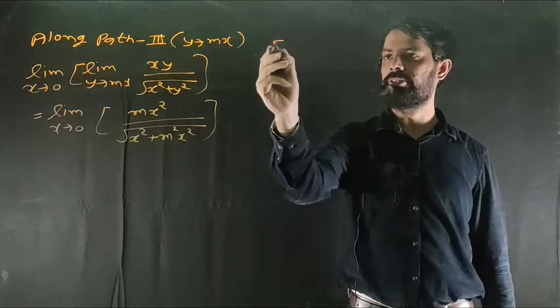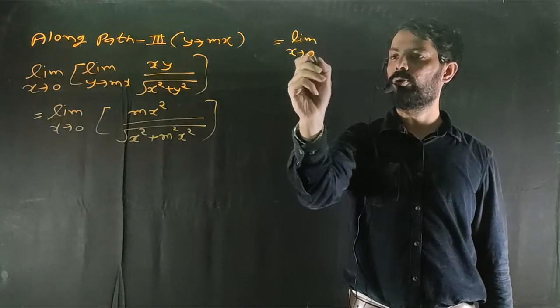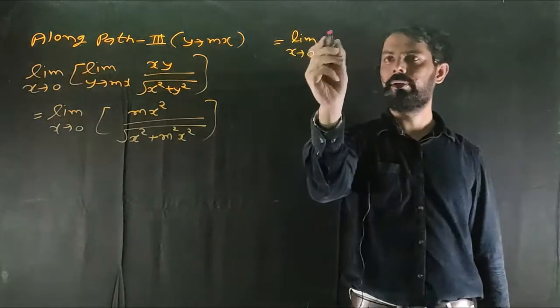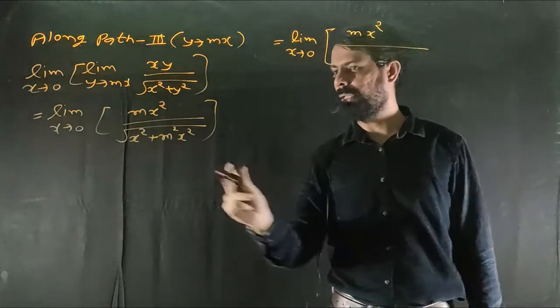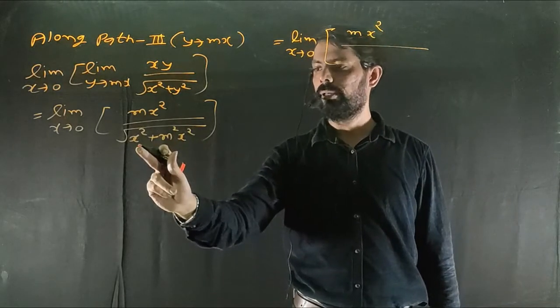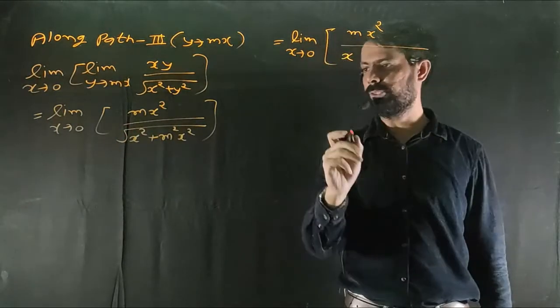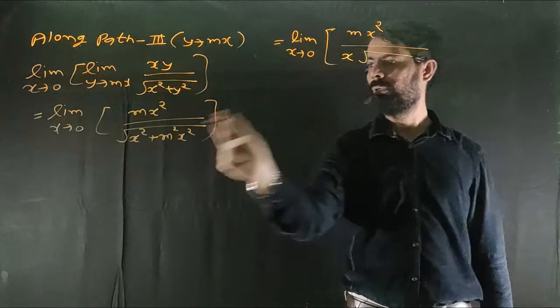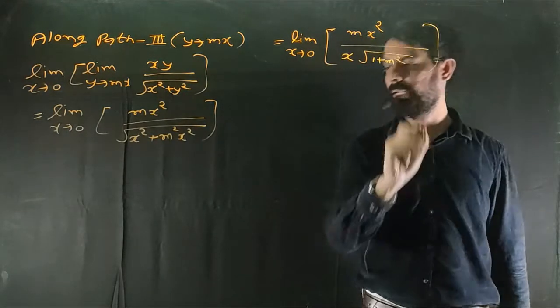So if we simplify this result, then limit x tends to 0, here mx square divided by, here x square is common, then under root of x square will be x, so this will be x, and in under root 1 plus m square, bracket complete.